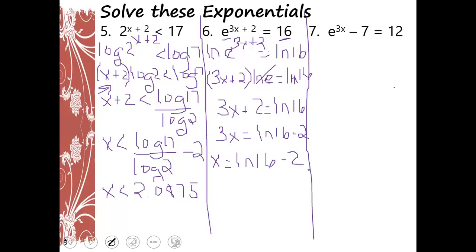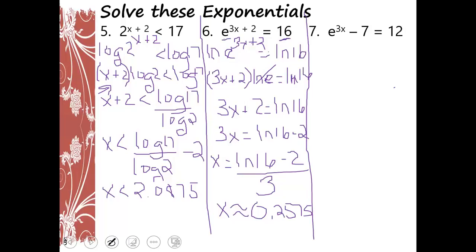Now when you put that in your calculator, remember to close off that parenthesis after 16. Minus 2, hit return, and then divide by 3, and you get x is approximately equal to 0.2575.